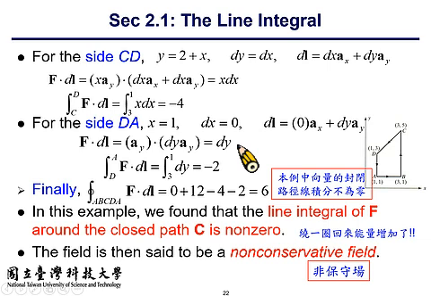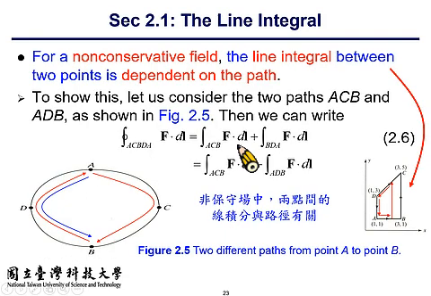The result of the closed loop integral is 6, which means you have gained some work from this field. So this kind of field is said to be a non-conservative field, 非保守场, because the closed loop integral of this thing is non-zero.